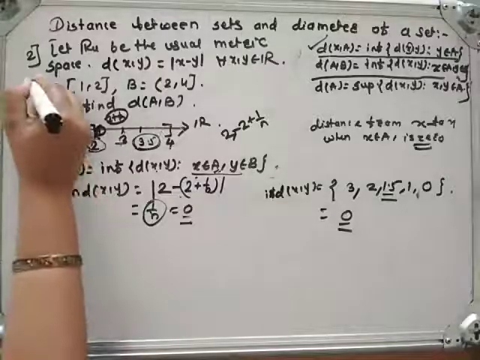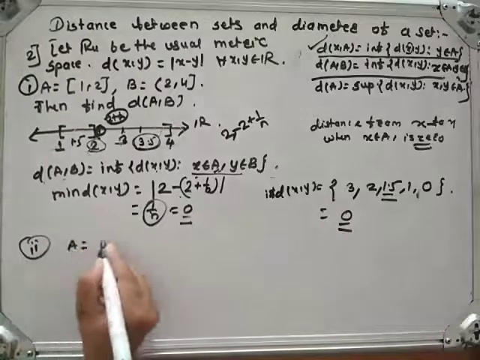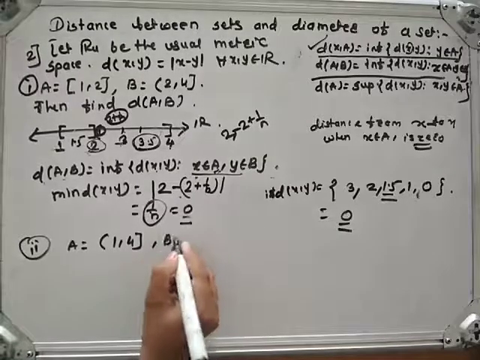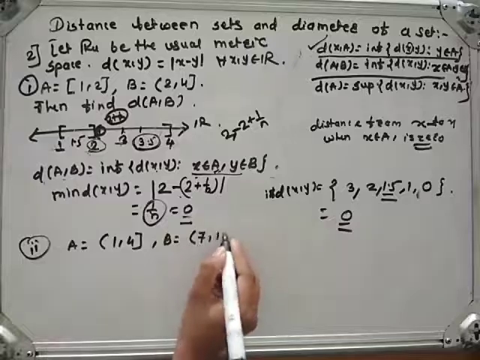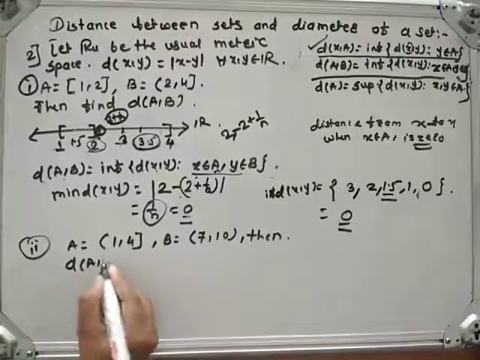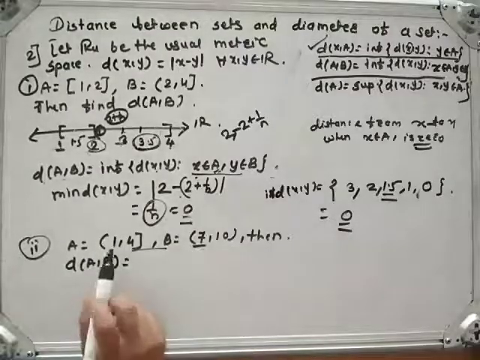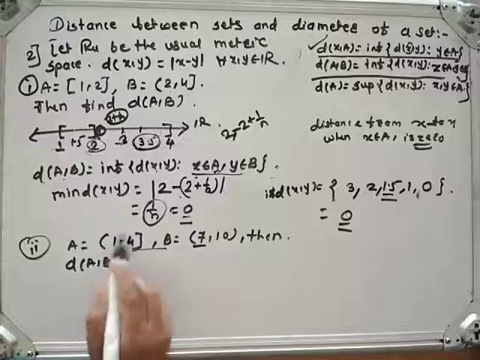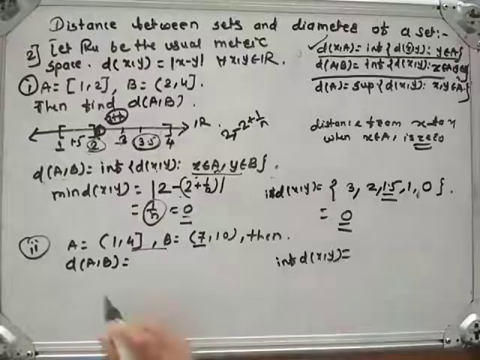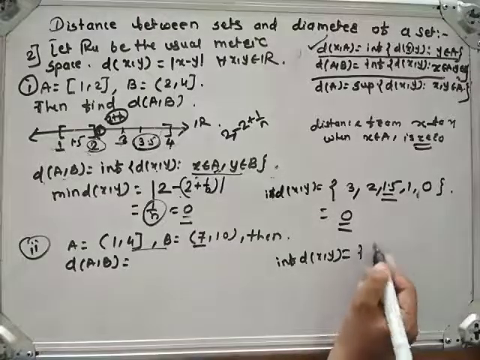Suppose this is subpart 1. Let us take the second subpart. A is equal to semi-closed open interval 1 to 4. B is equal to semi-open closed interval 7 to 10. Then what is the distance between A and B? It is very easy. If you find the infimum of d of x, y, if you find the distance between 1 and 7, you get 6.